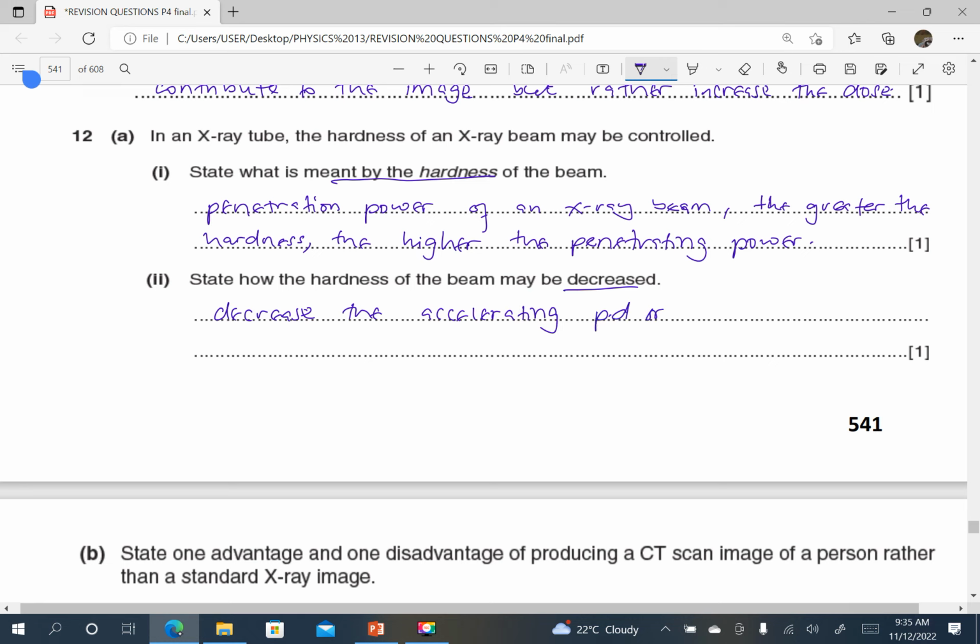Or you can simply say decrease the voltage between the cathode and anode. Okay.